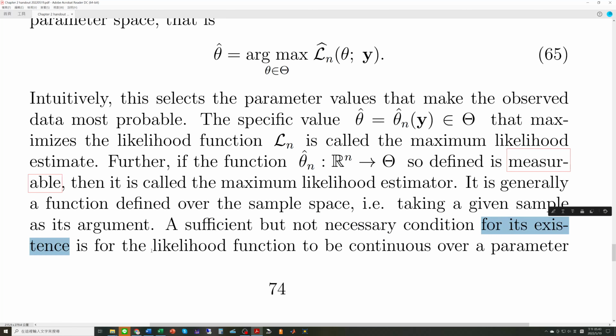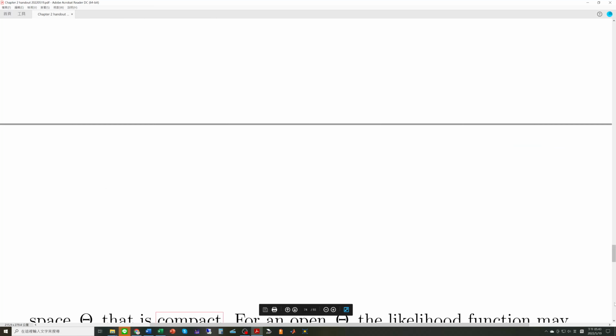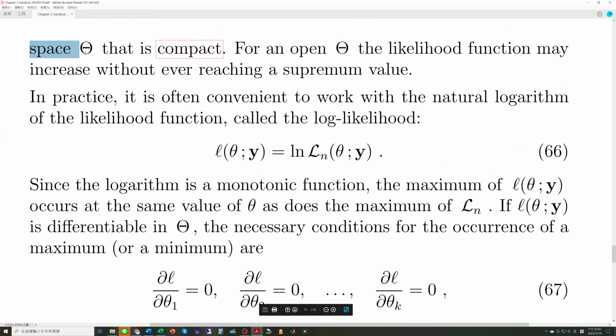A sufficient but not necessary condition for its existence is for the likelihood function to be continuous over a parameter space capital theta that is compact. What is a compact space? We have introduced what a compact set is before.